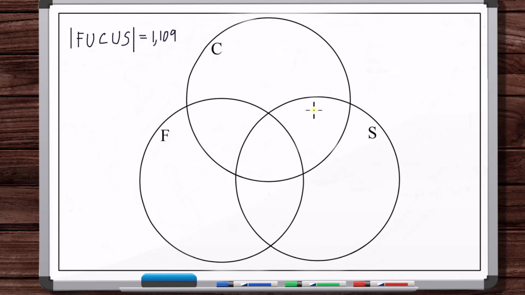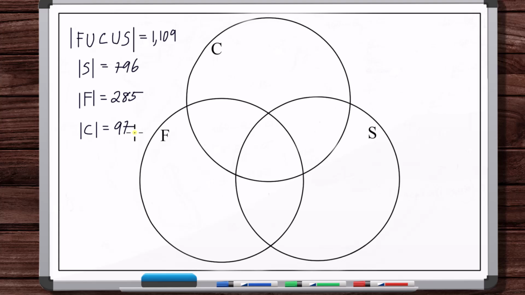So that's everything within the Spanish circle. So what that means is the number of elements in Spanish is 796. And the number of elements in French and Chinese were 285 and 97.